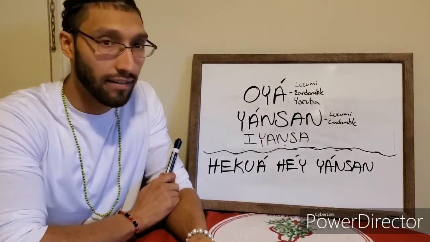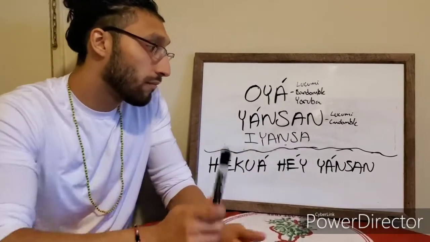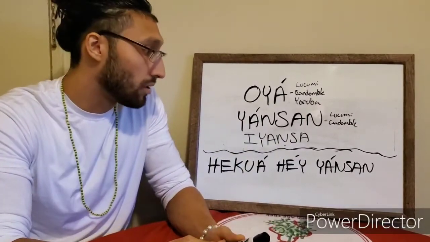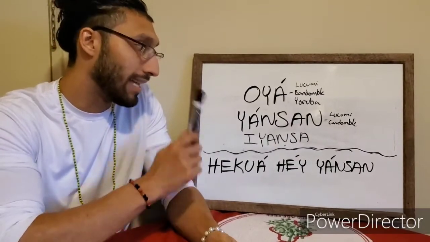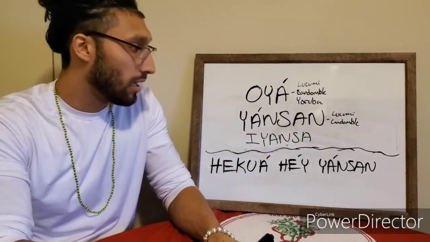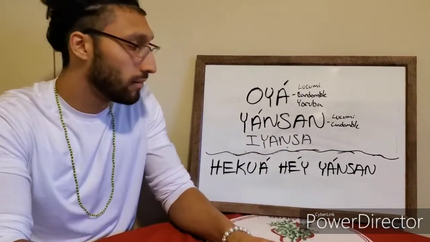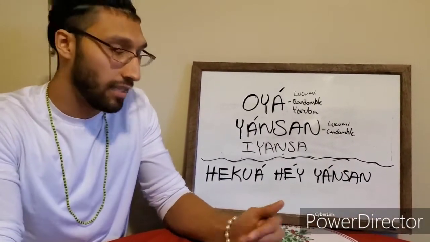It's Yansan. Yansan, my bad. But a lot of times people would just forget the N. So they'll say Yansa. Oya Yansa. Oya Yansan. But you wouldn't say Oya Yansan. You would just pick one. So, Orisha Oya. Orisha Yansan.